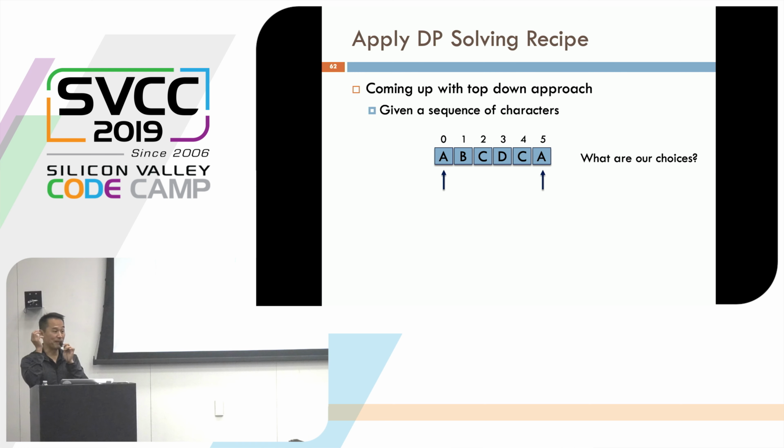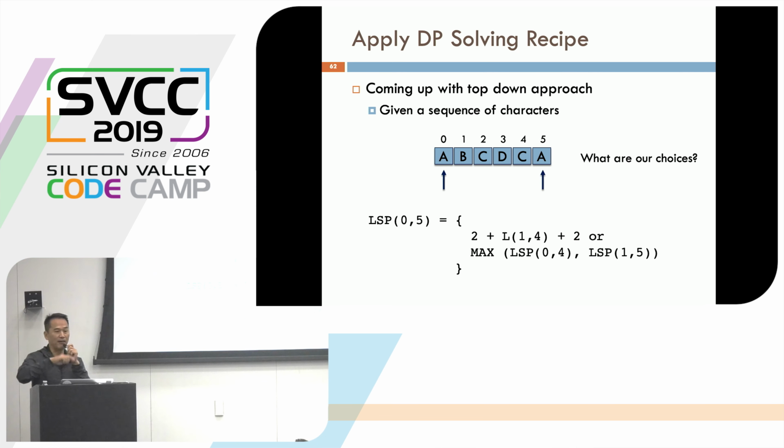That's right. If they match, then we add 2, and then we move both pointers in towards each other. That's our first option. If they don't match, then what do we do? Then we try all possibilities by exploring those 2 choices he's talking about.